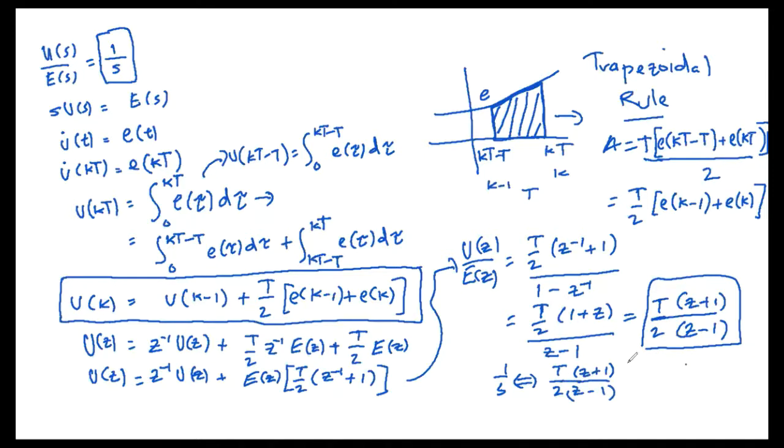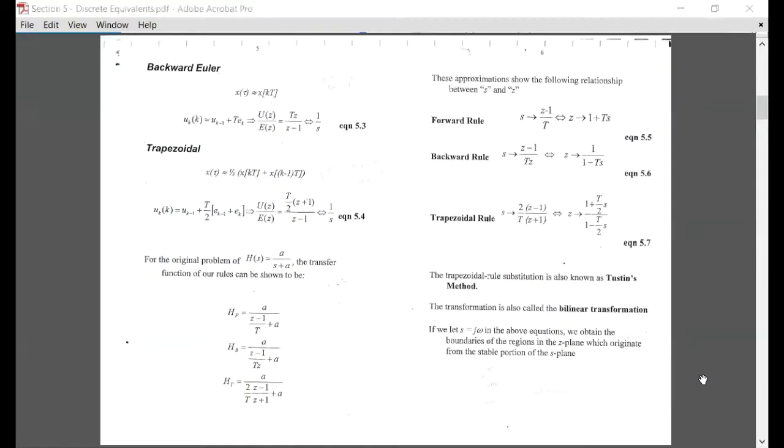And so s will be equivalent to 2 over T times z minus 1 divided by z plus 1. So if we go back to my notes, then that's exactly what we see here.